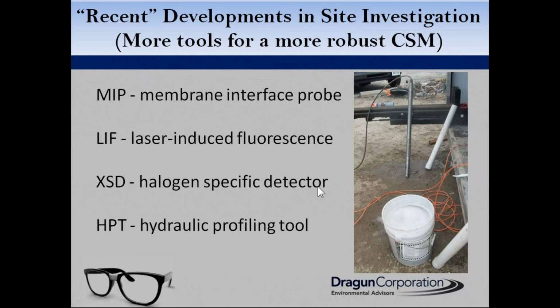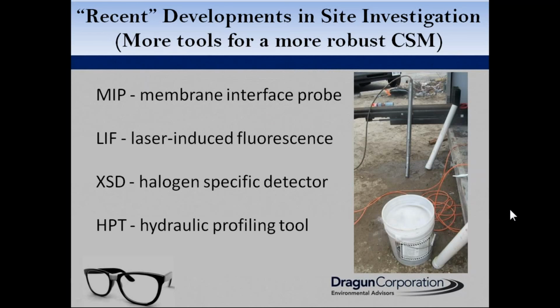XSD, a halogen-specific detector, also looks like this type of probe, and you would be able to detect high concentrations of chlorinated compounds like TCE. So again, we use a combination of these tools to quickly move vertically and laterally to put our arms around the locations of the sources and to define the extent of the groundwater plumes.